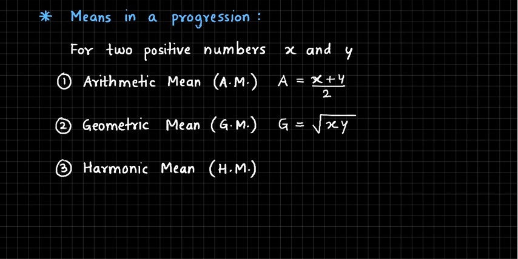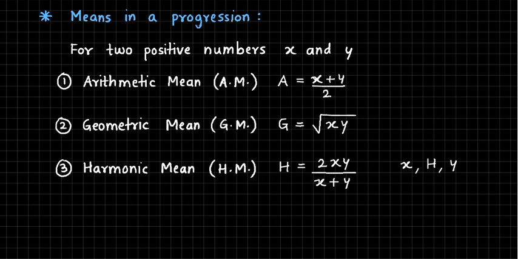Right. And lastly we have the harmonic mean denoted by HM, and we write it as capital H. This is given by the formula 2 times x into y whole upon x plus y. That means if we have the sequence x, H and y, then this should form a harmonic progression or HP.